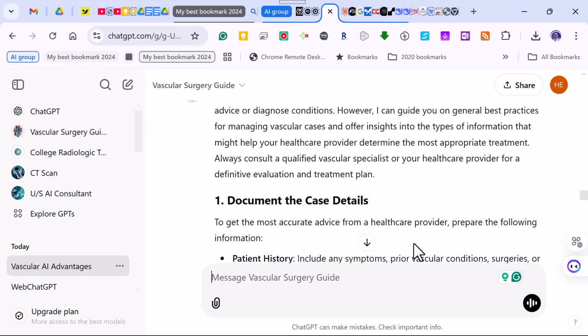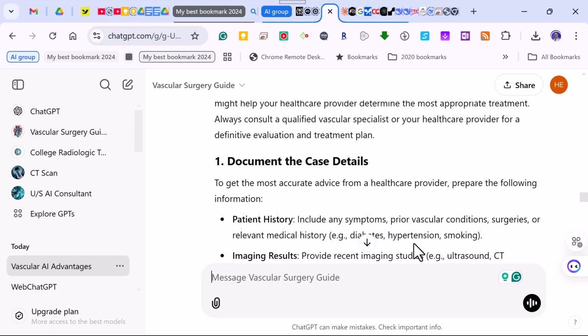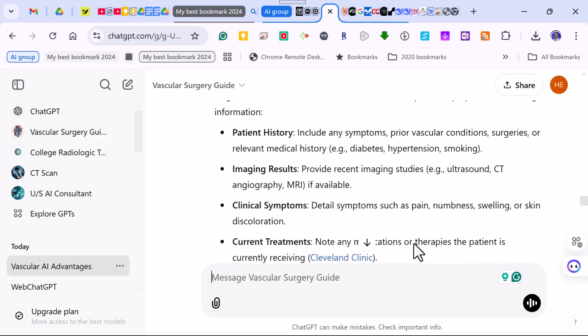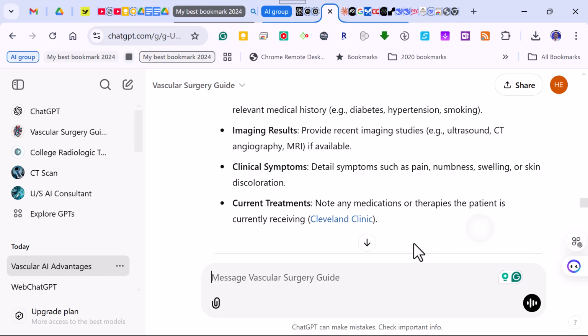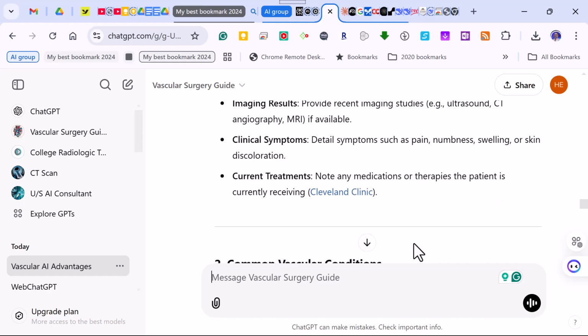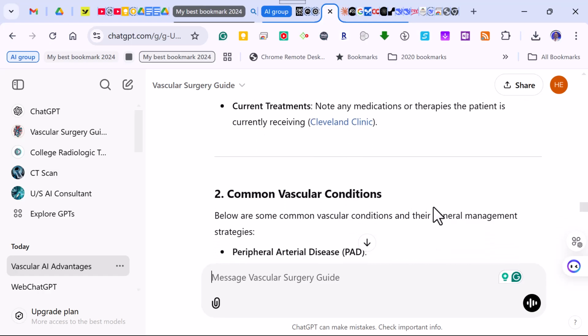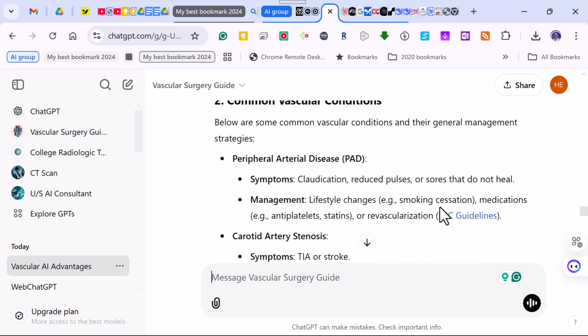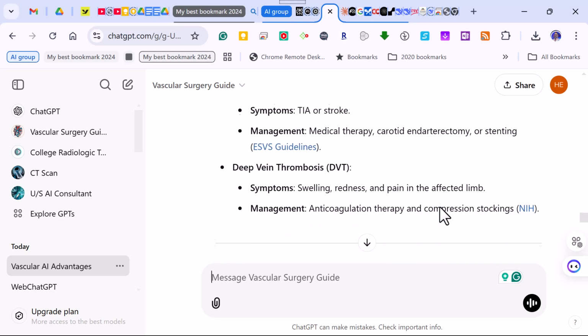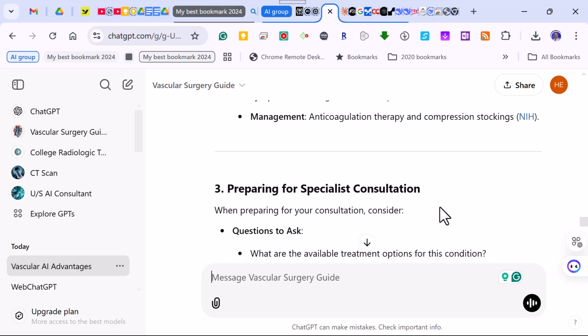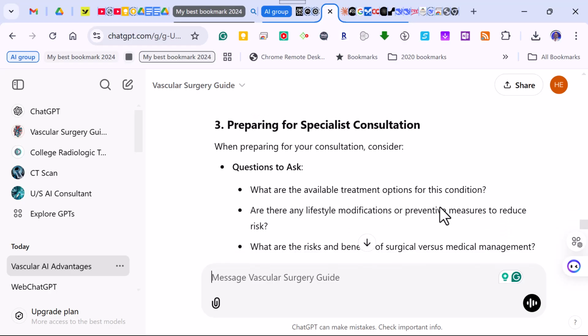But here is the case documented in detail. So he needs you to give history, to put the image, clinical findings, and current treatment. And with the current treatment, usually it will go to the Cleveland Clinic guidelines. He can deal with a lot of vascular conditions, PAD, carotid, DVT. He can give you also consultation.